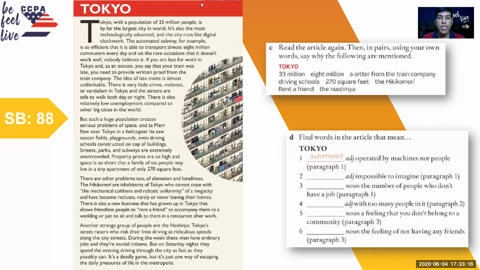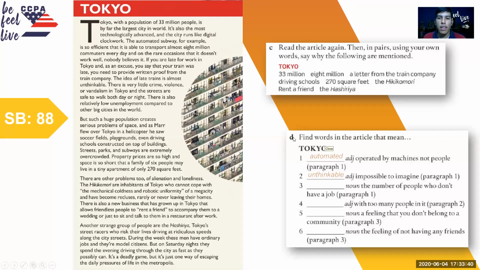Perfect, Alexander Nunez. Through the chat, he said, unthinkable. Yes, so you cannot even imagine that. Number 3, the number of people who don't have a job. So it's also in paragraph 1. How do you call the group of people? It's a noun. In this case, it's unemployment. Perfect, yes, unemployment.